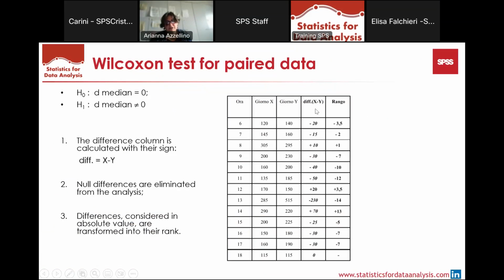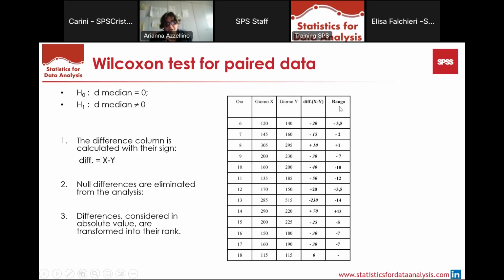And a difference is computed between these two specific days. In our case, this was the same month. And again, the difference was between two different measurement points. As you can see, the differences can be negative or positive.